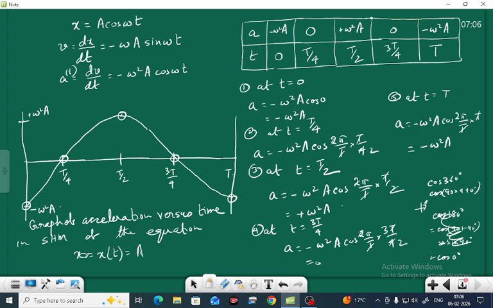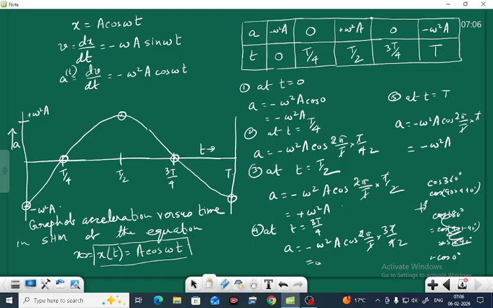So this is the graph of acceleration versus time. This is the time axis and this is the acceleration axis.